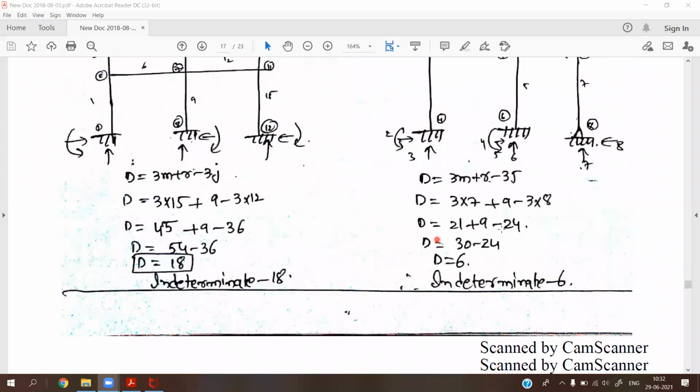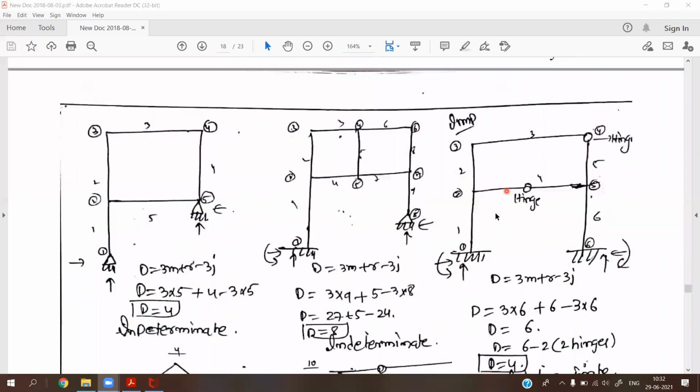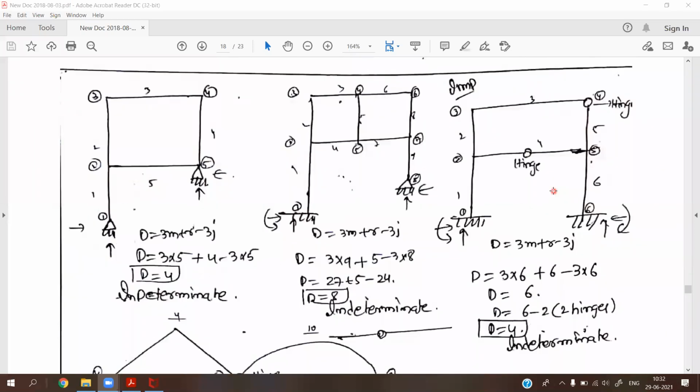In the previous class we discussed the hinges for frames. Where a hinge is present in a frame, we have additional equations. For this formula, how many equations do we get for a hinge?